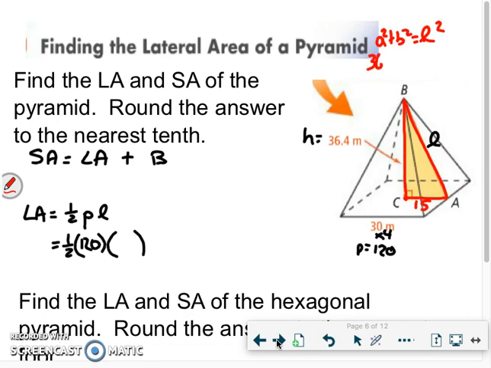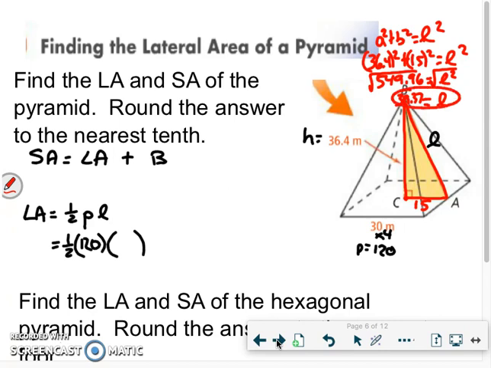So I could use 36.4 squared and 15 squared to give us L squared. So if you go to plug that in, you get about 549.96 once you add them together. So we're going to take the square root of that and end up with our slanted height. So this time our slanted height is about 39.37.